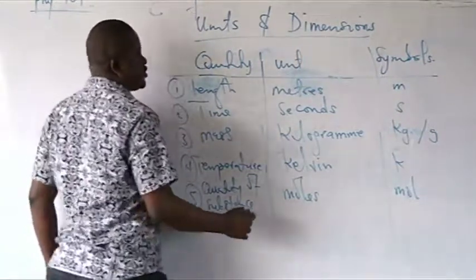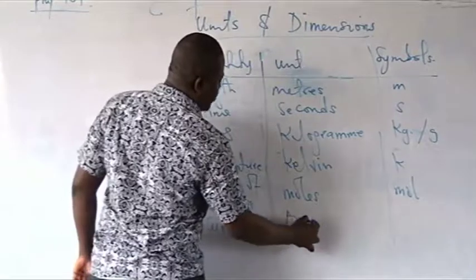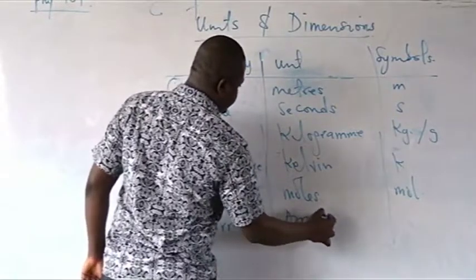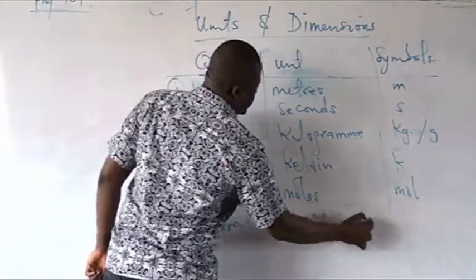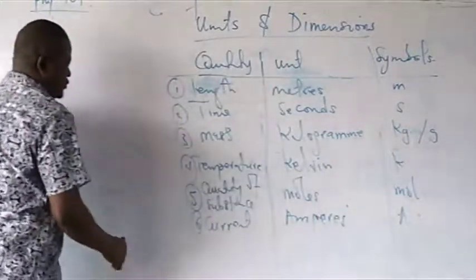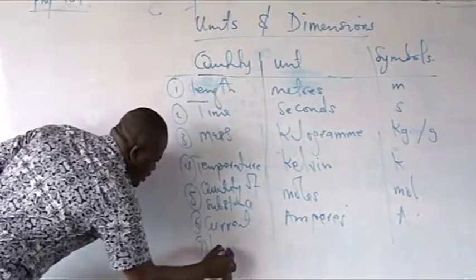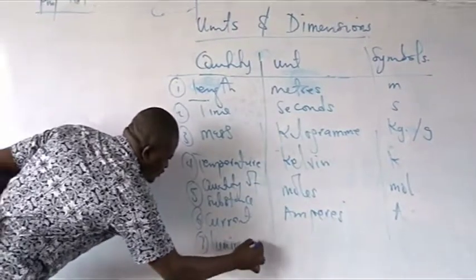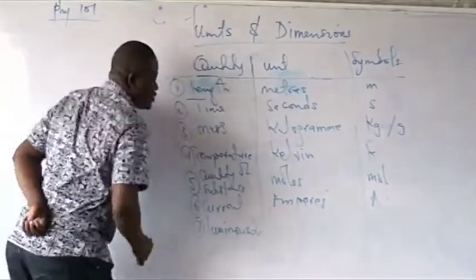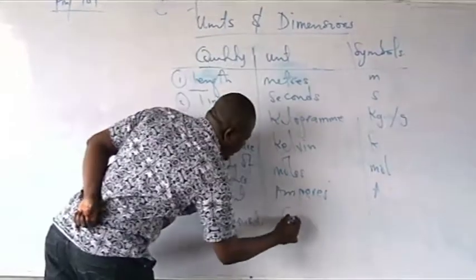Current is measured in amperes. A. The seventh one, we have what we call luminosity. It's measured in candela.